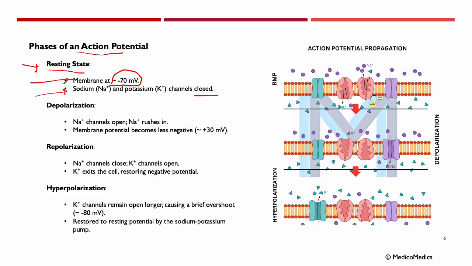Now, you may wonder, as I did in med school, a bit of a philosophical question, which is, why is it closed? I thought this channel was constantly open, pushing potassium in and sodium out. Here's a brief attempt at an explanation: why are the channels closed at minus 70 millivolts?